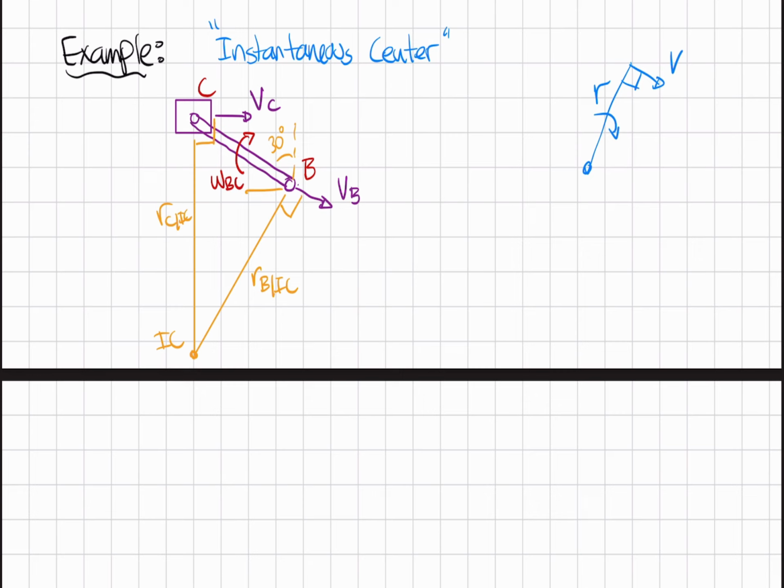It's important to note here that we already know what VB is. It's basically 4 times 15, so we know this is 60 inches per second. What I can do is use the law of sines.